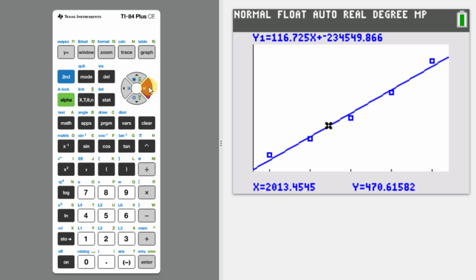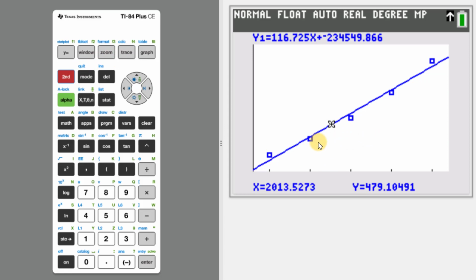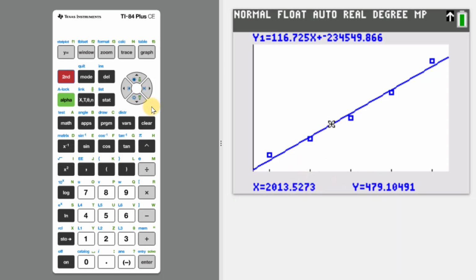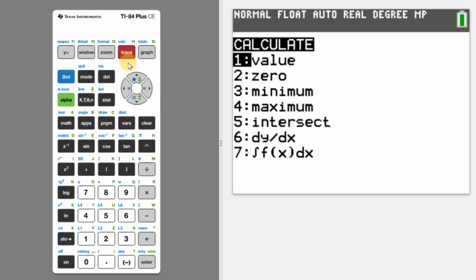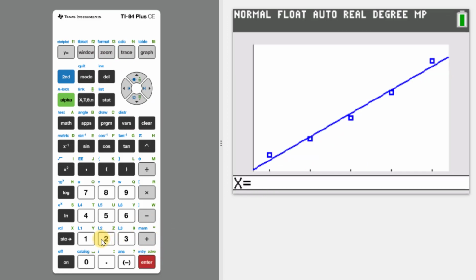So let's say we want to estimate the cost of a smartphone 6 months into 2013. Let's hit second calc, calculate a value. We'll enter 2013.5, which gives us 6 months in, and hit enter.